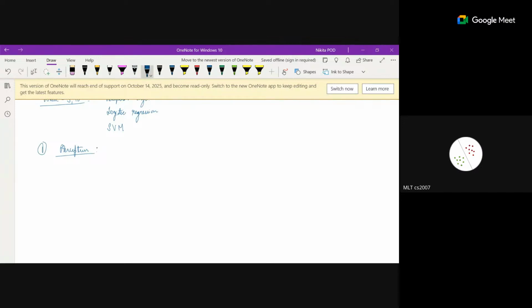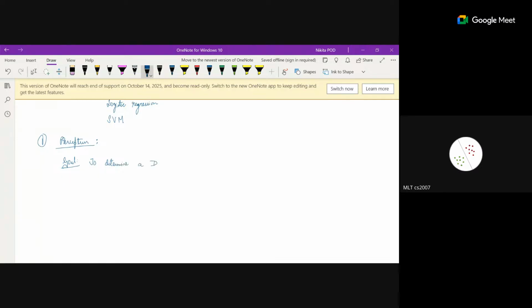And what is the goal in perceptron? The goal of this algorithm is to come up with a decision boundary that separates your data set in such a way that it correctly classifies your data set into two classes, right? So the goal is to determine a decision boundary.